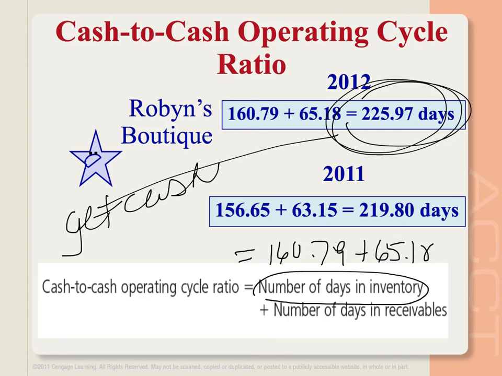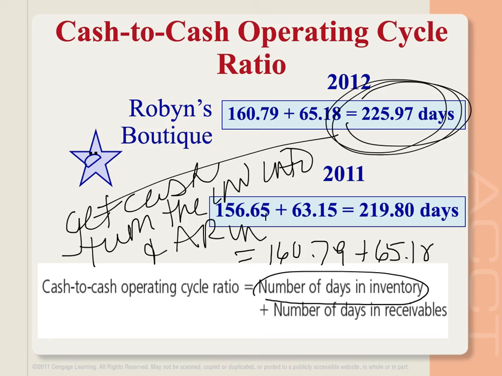In other words, to turn the inventory into cash and the accounts receivable into cash. That's more than half a year it's taking me to take that money that I've spent or that's due to me and get it to cash. I would be very concerned with that if I was Robin.